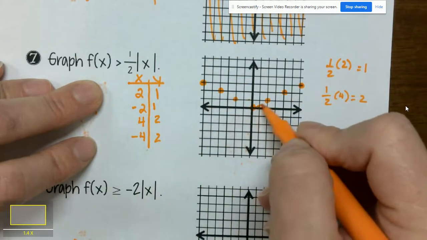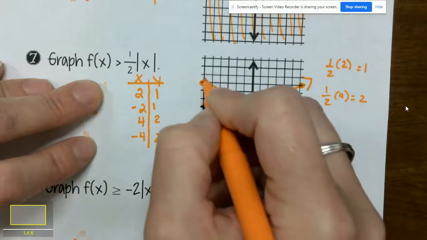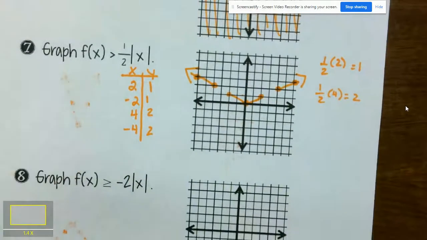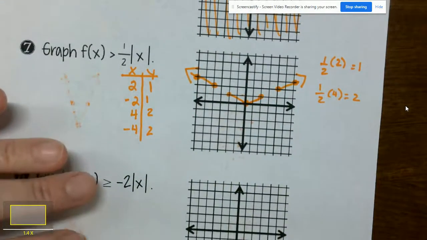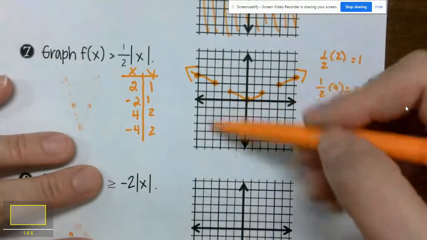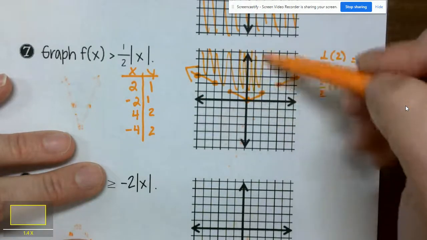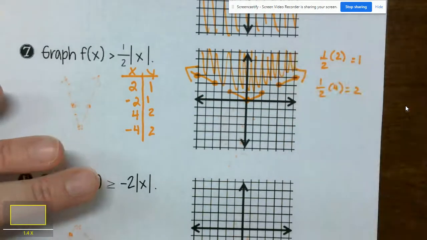Okay, so this is a dotted line. So we look like that. Now, this is greater than, so I'm not going to shade below it, but I'm going to shade above it this time. Everything above it is what works.